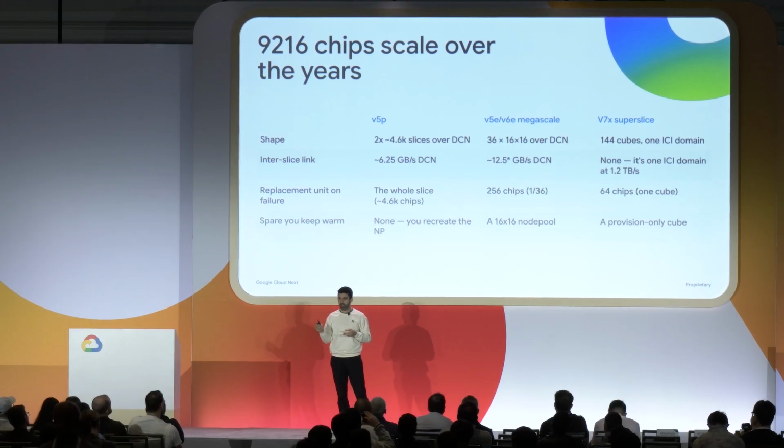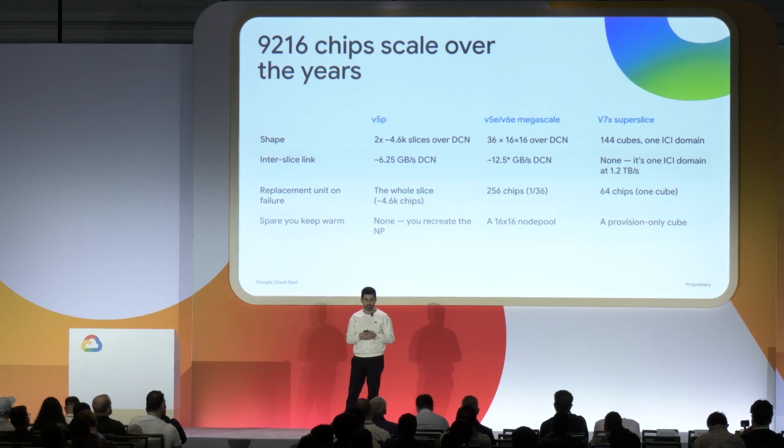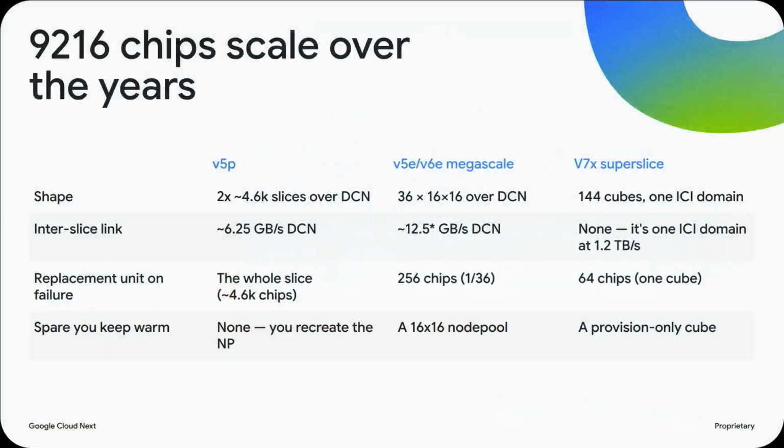And now with V7X, especially with dynamic slicing, you have 144 cubes in the same ICI domain. Your replacement unit back in V5P would have been the whole pod, so half of those chips. In the V5E, V6E model, you're replacing a 16 by 16. And in the V7X, you only replace 16 of those nodes, or 64 chips.